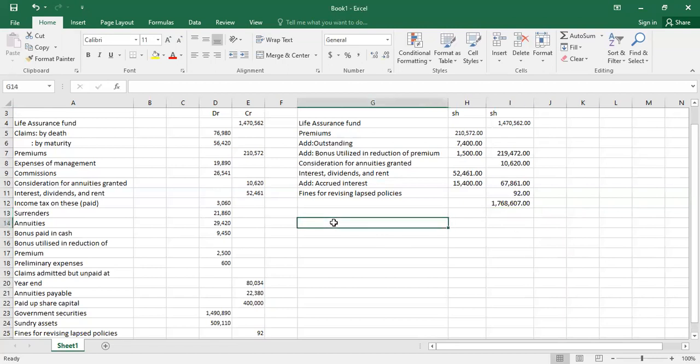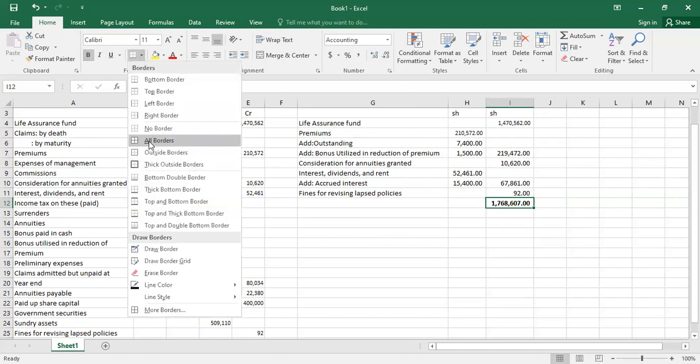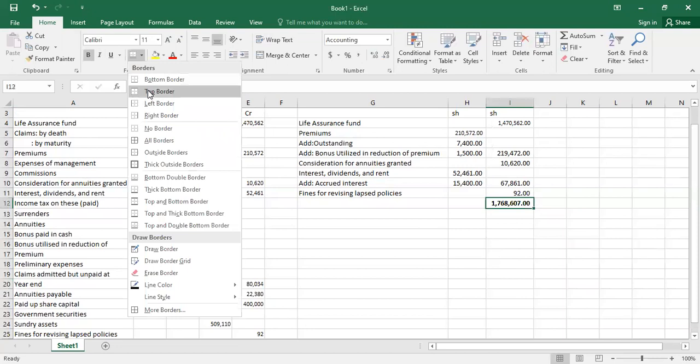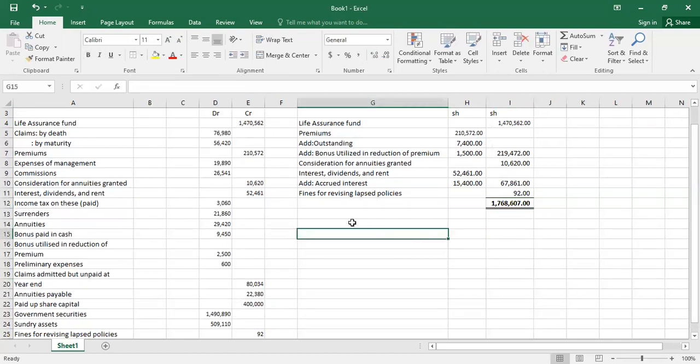So we go to the credit side, and on the credit side, we are supposed to deal with the claims. So kindly note that this will be our balance in figure. I need to double underline it. So there we are.